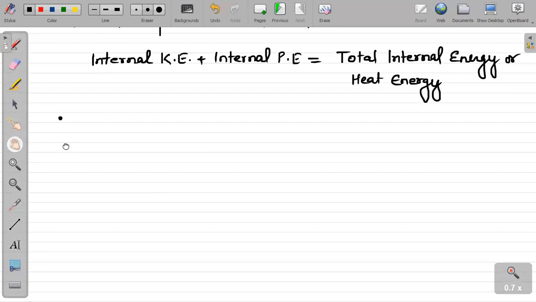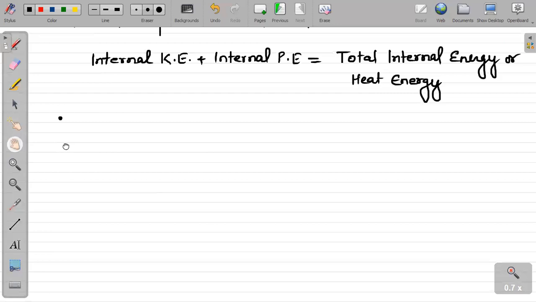Thus, during interconversion of state, the latent heat increases or decreases only the average potential energy of the molecules, whereas the average kinetic energy remains unchanged.